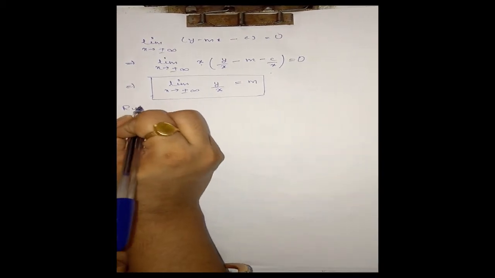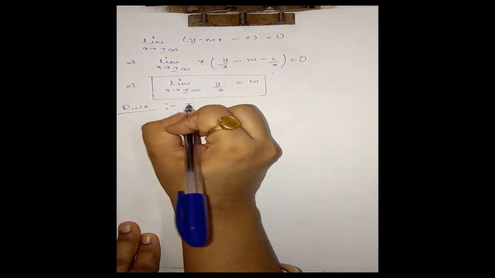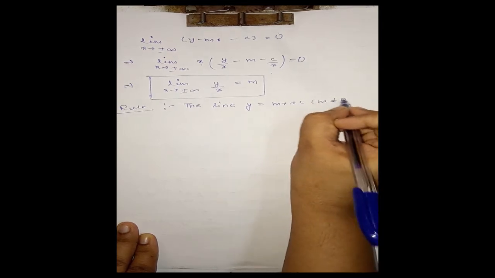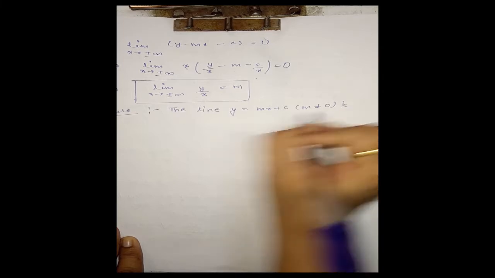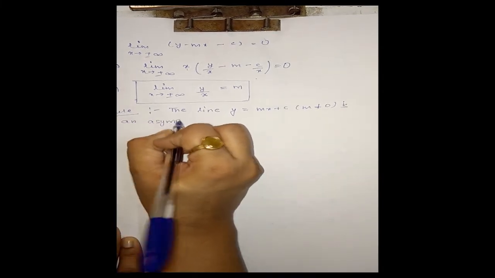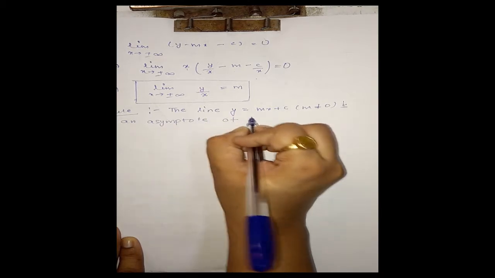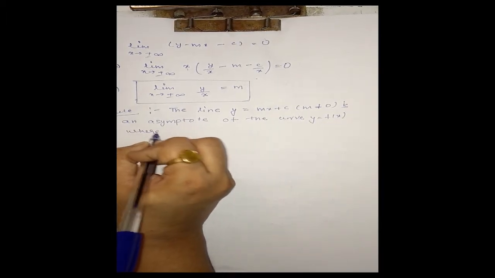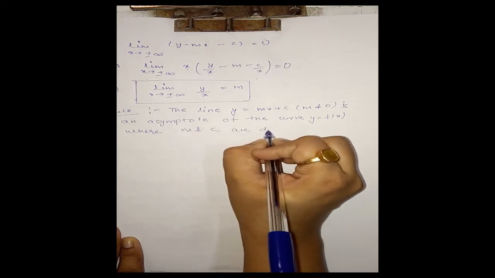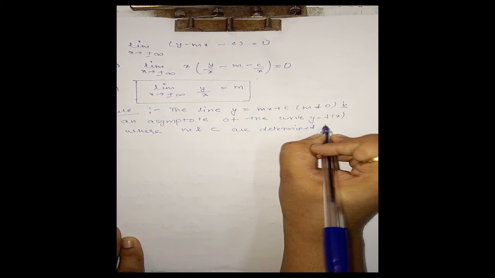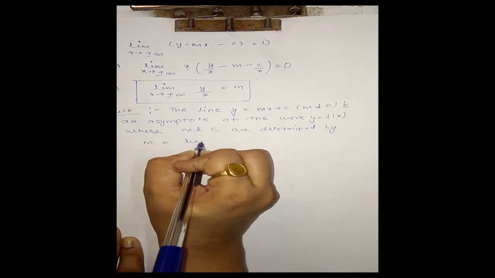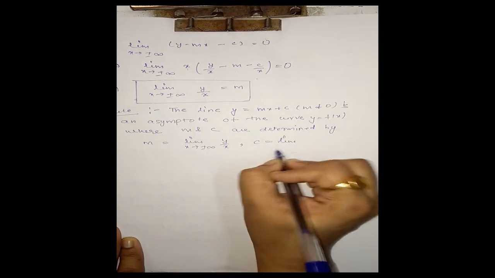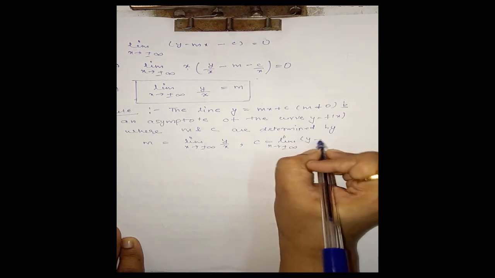Therefore we have a rule to find asymptotes. The line y is equal to mx plus c, where m is not equal to 0, is an asymptote of the curve y is equal to f(x), where m and c are determined by: m is given by the limit as x tends to plus or minus infinity of y by x, and c is given by the limit as x tends to plus or minus infinity of y minus mx.